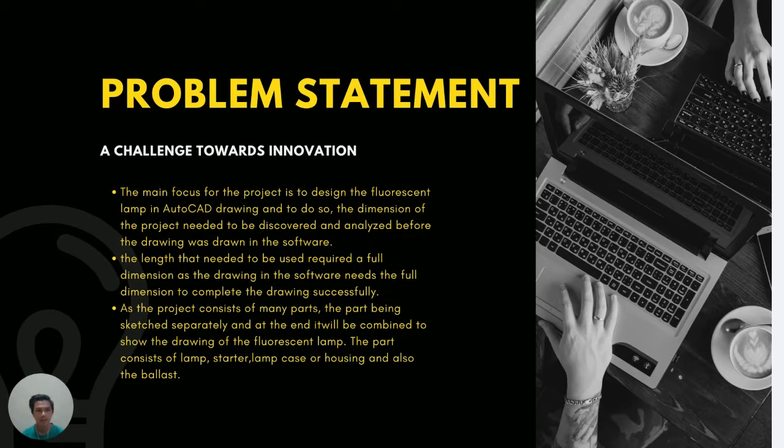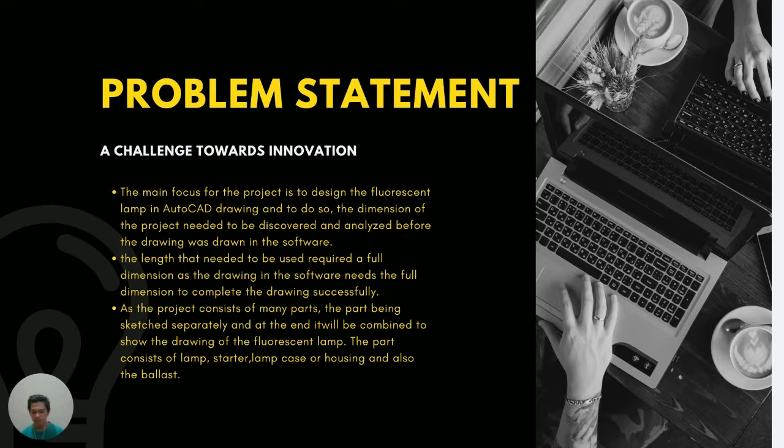So after we have the right dimensions, we cannot have the outer, for example, the housing of the fluorescent lamp.